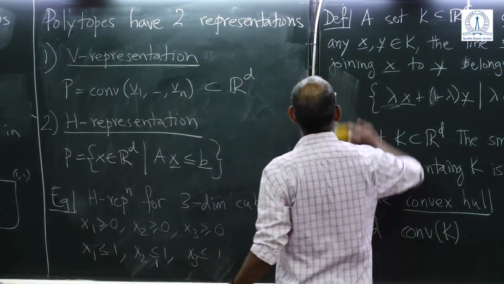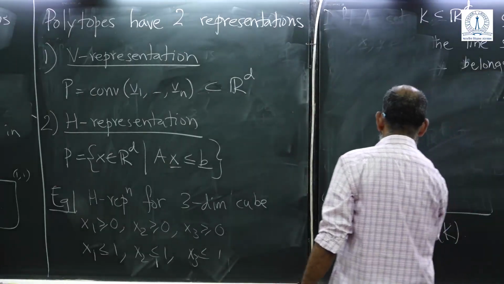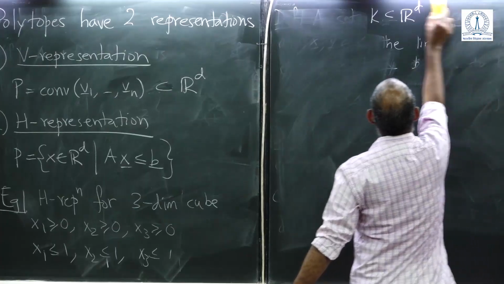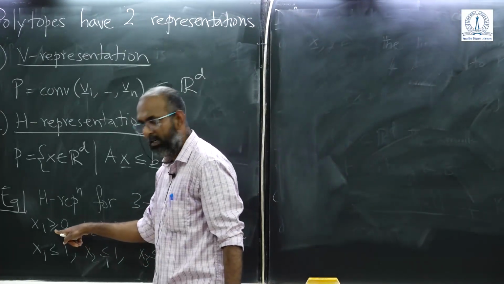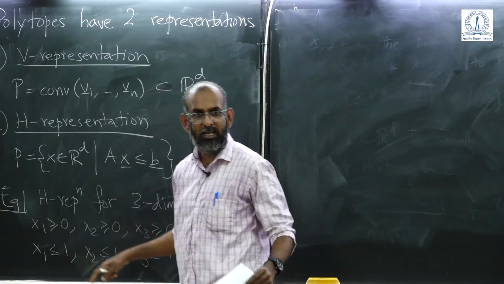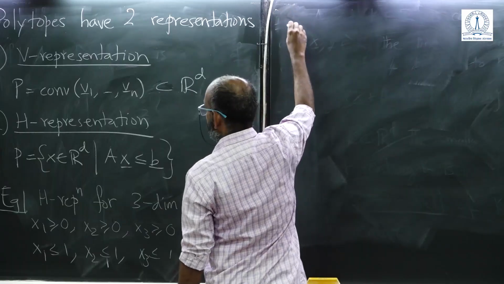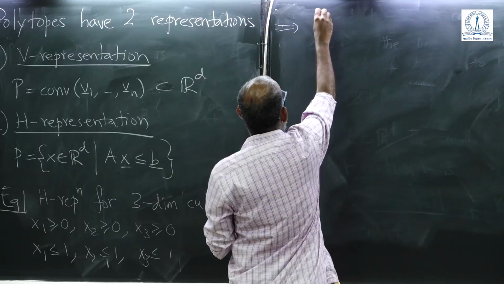So maybe it's also helpful to see how you would write it as Ax less than or equal to b. So let's do that. You might be getting confused as to what you do with greater than and less than, right?